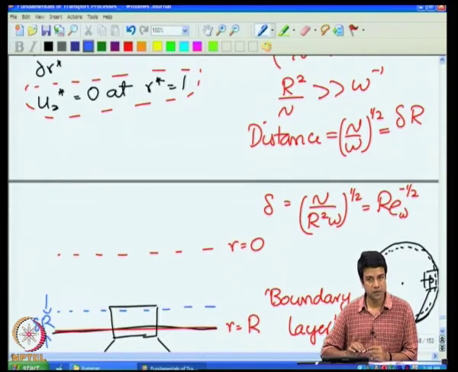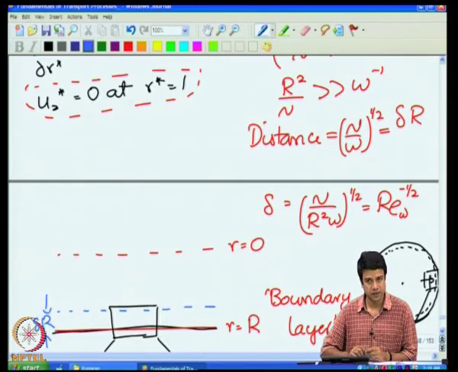Even though the diffusion of momentum to the center does not take place within a time period proportional to the time of oscillation, there is still momentum diffusion and it is confined to a thin layer near the wall. The thickness of that layer was obtained just on the basis of the kinematic viscosity and the period of oscillation.